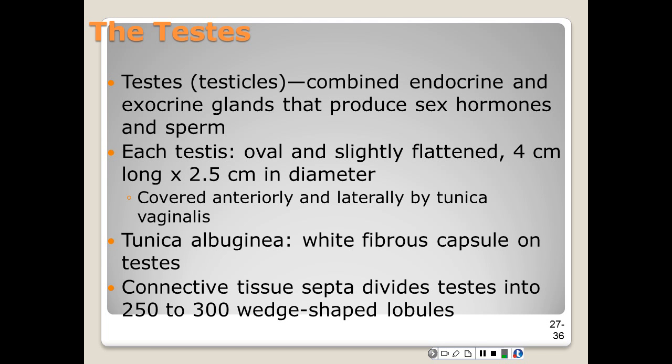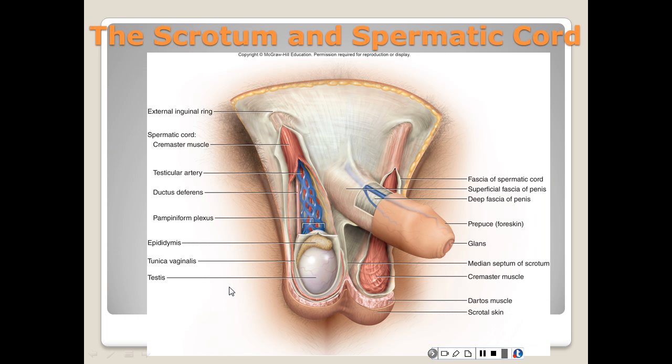Its anterior and lateral surfaces are covered with tunica vaginalis. No, not vaginitis, sorry, that's inflammation. Vaginalis. And the testes has a white fibrous capsule called the tunica albugina.